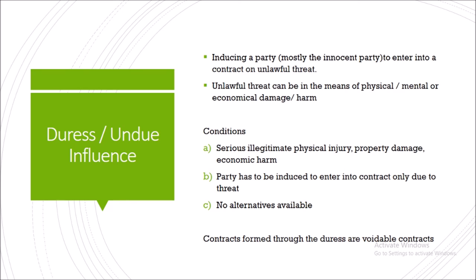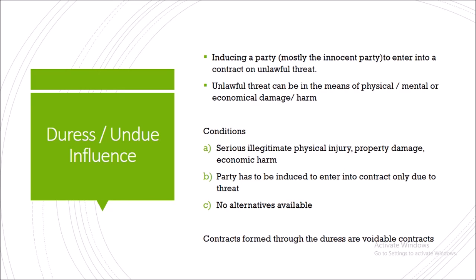And to make it duress or undue influence, there should be three conditions. First, serious, illegitimate physical injury, property damage, or economic harm. The party has to be induced to enter into a contract only due to a threat, right? And since there are no alternatives available, the party has made that particular contract, right?